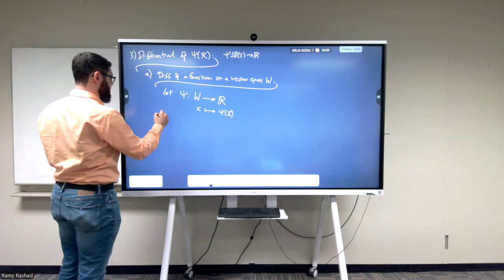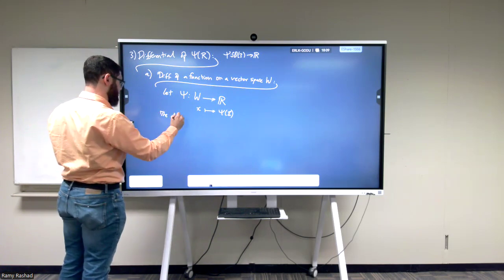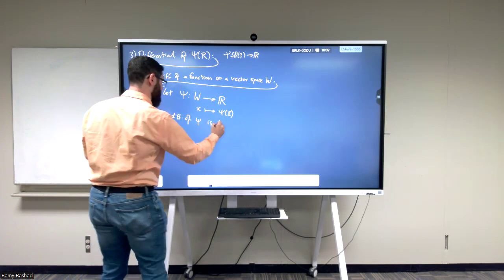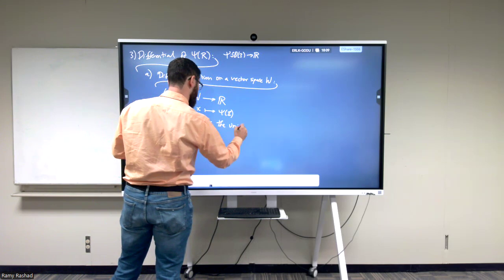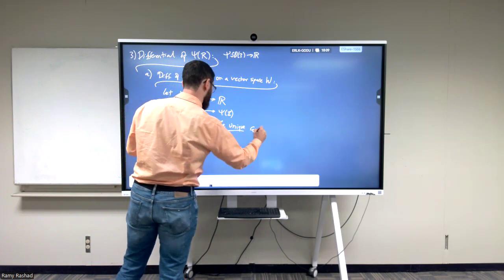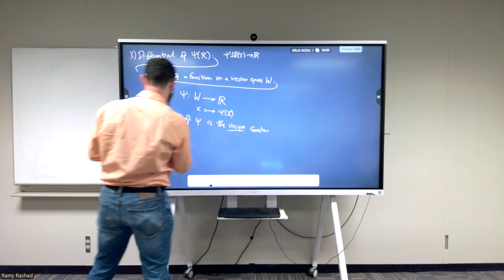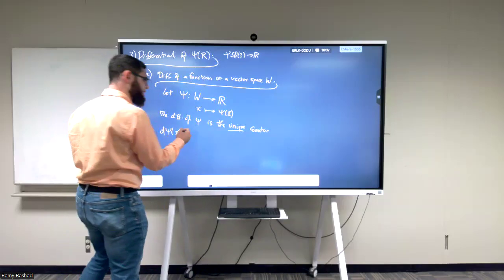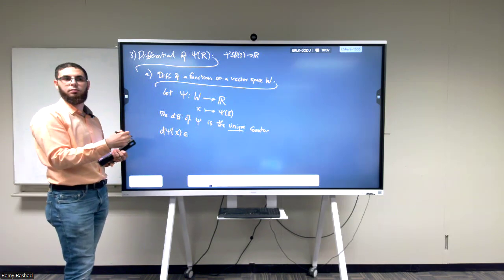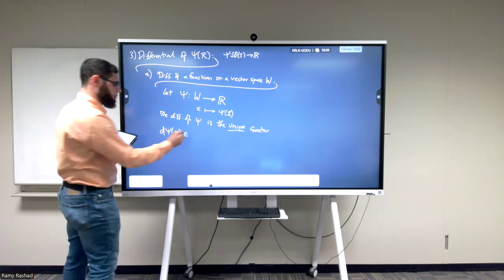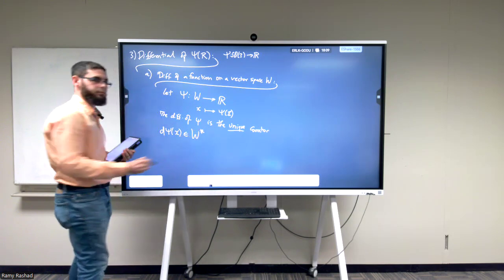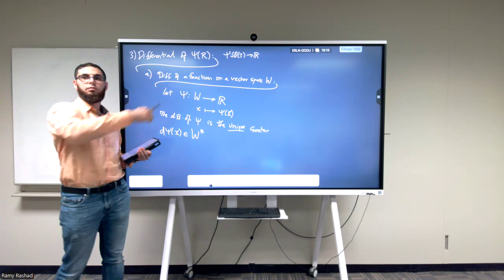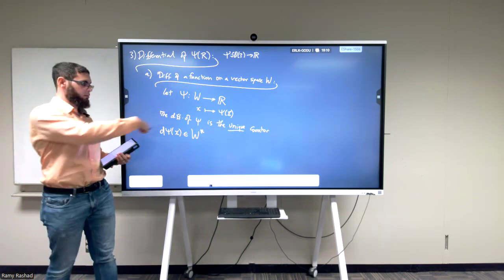So the differential of the function psi is the unique covector d psi of X. Where does it live? In W star. If the vector space is W, then the differential lives in W star.